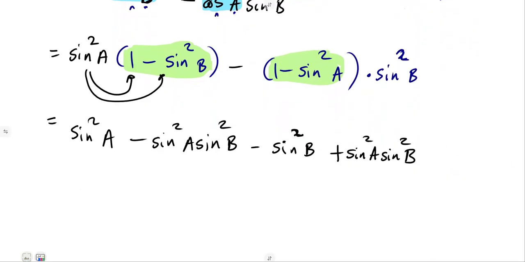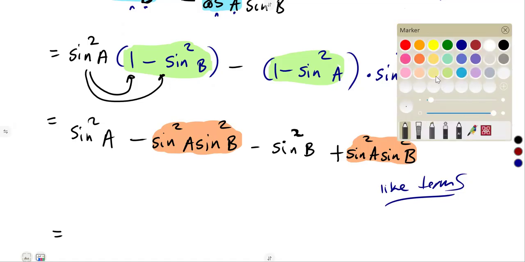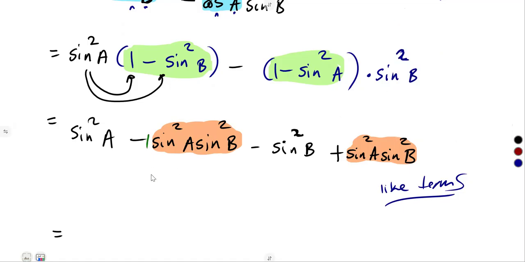Then if there are like terms, collect your like terms. Are there any like terms? In our case, we do have this part, sine squared A sine squared B, and sine squared A sine squared B. These are like terms, exactly the same thing. So we've got minus 1 plus 1, guys, this is going to simply cancel.